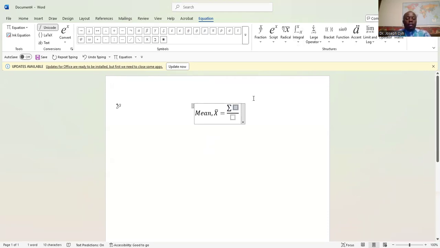The mean is the sum of F times X over the sum of F.